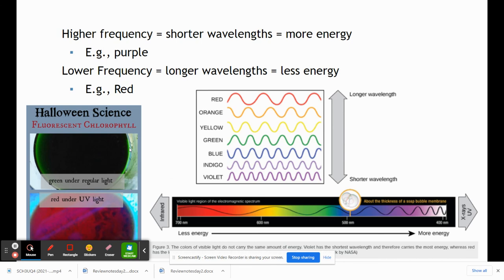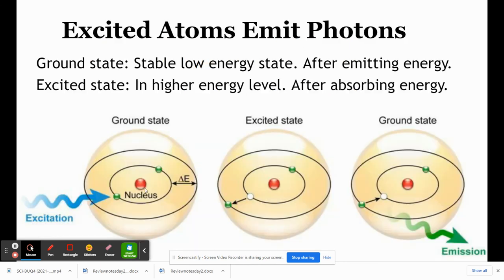What will happen is the electrons will absorb the UV light, and then when they jump back down, they'll release the light as a red color over here. So they absorb high energy light and they release the light as a red color. It's a lower energy light, and then the rest of the energy is released as some form of heat. But this is a really cool, easy demo that you can do. We often call it plant blood. So when you go back to the classroom, you can ask your teacher to try that demo out if you're very interested in trying it out.